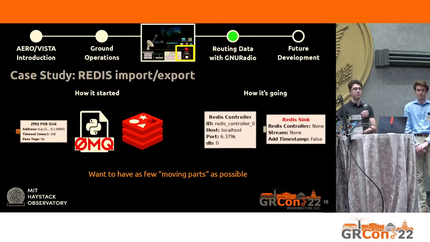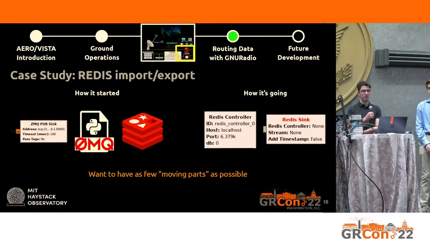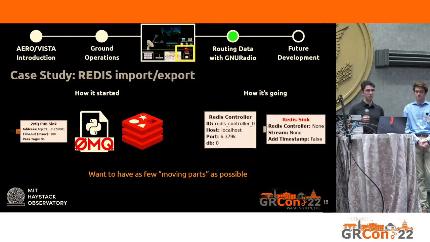And then on the other side of this, after we've decoded the payloads, in AeroVista's case, we want to send it off to a Redis database so that the science team and the mission ops can access it. What we had been doing before was using a lot of ZMQ. We would send all of the byte stream into a ZMQ sink, and then we had to have a Python script that wrapped the entire flow graph to receive from ZMQ and then send off to Redis.